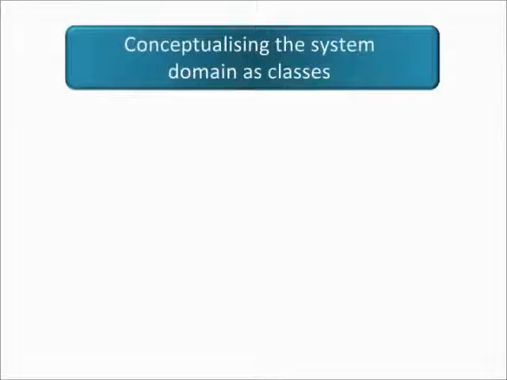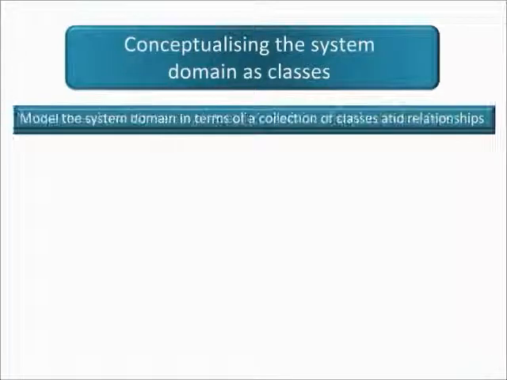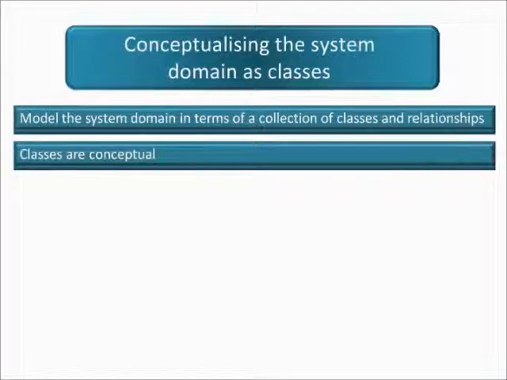The first step in structuring the system is to model the system domain in terms of a collection of classes and the relationships between them. The system domain is the real-world context specific to the software system being developed. These classes are conceptual classes, not the software classes that will eventually form part of a working system.